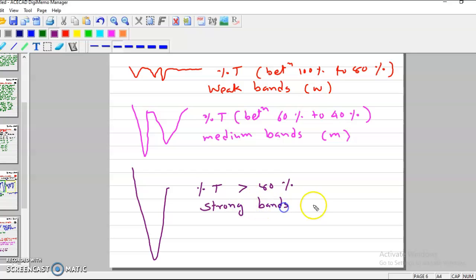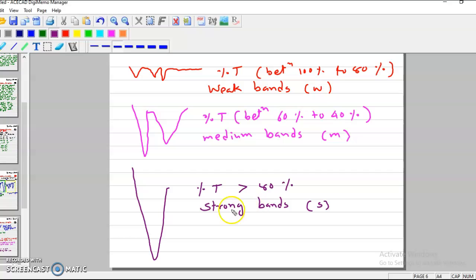And for strong bands we use S. Remember, for sharp bands we use SH, and for broad bands we use BR. But for strong bands we use S. So there will normally be either weak bands, medium bands, or strong bands appearing in IR spectra.